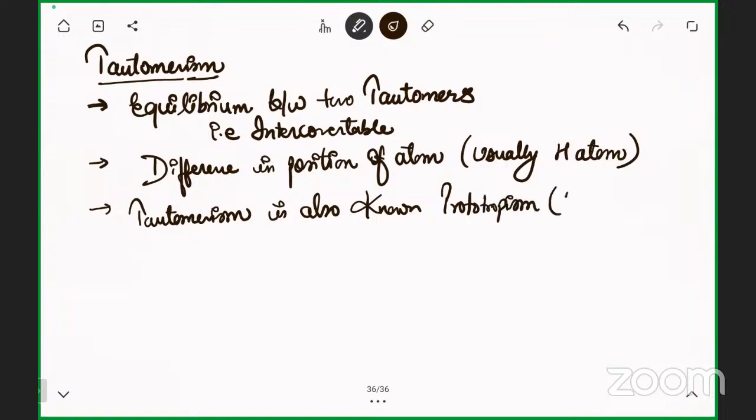It means there is a transfer or migration of hydrogen only. Proto represents proton, and proton represents hydrogen. So we are talking about hydrogen only, that's why we say proton tropism, that is, prototropism. Okay.